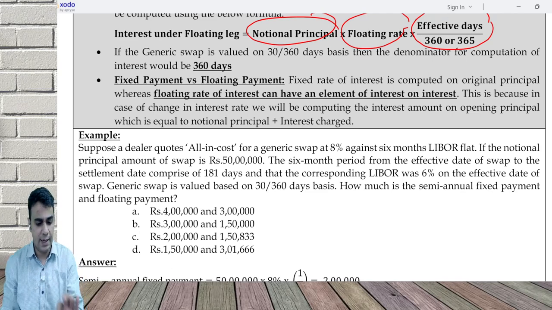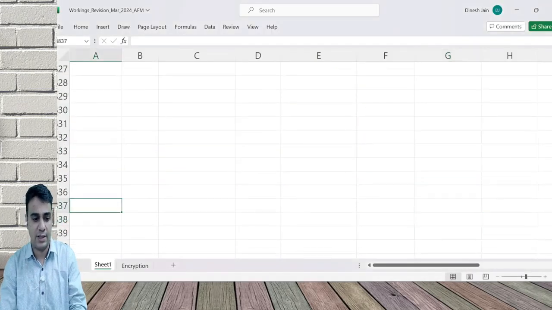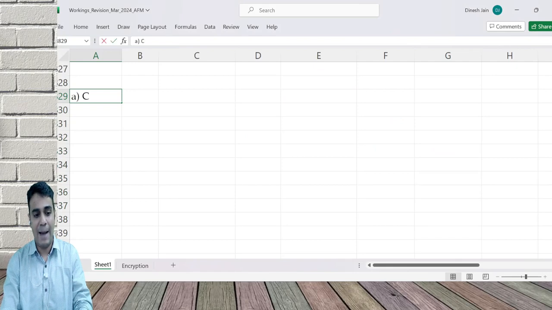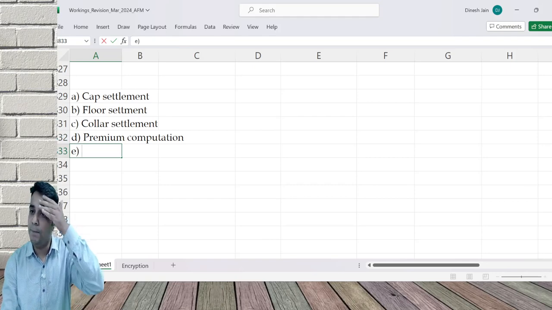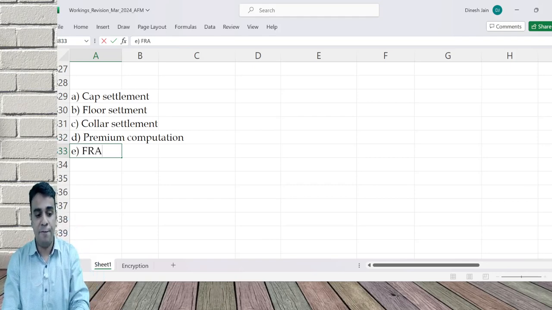Done? You can just write down these. Cap settlement, floor settlement, collar settlement, premium computation, FRA net settlement, IRS structuring.